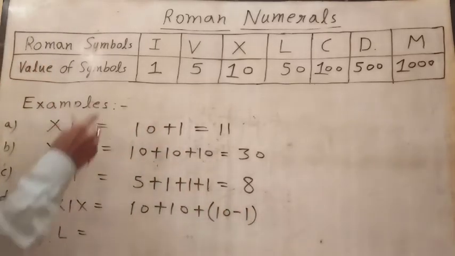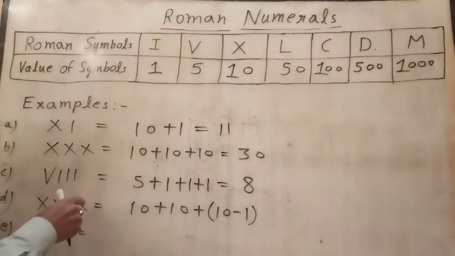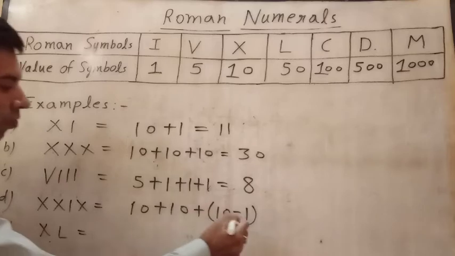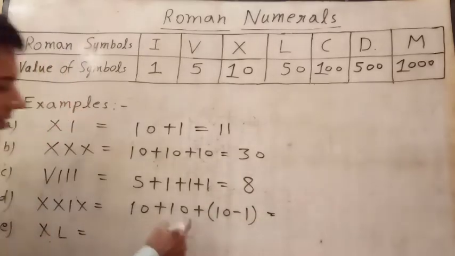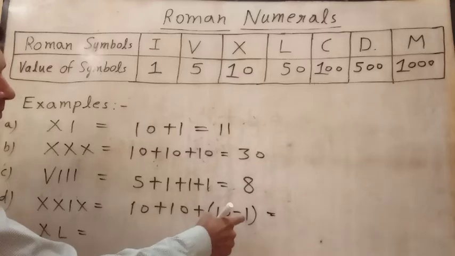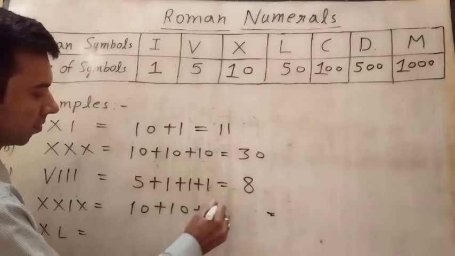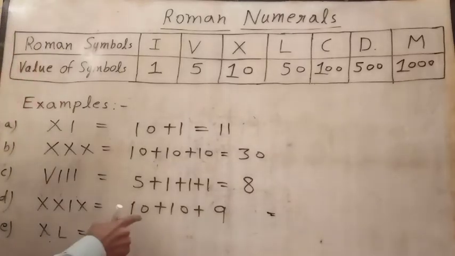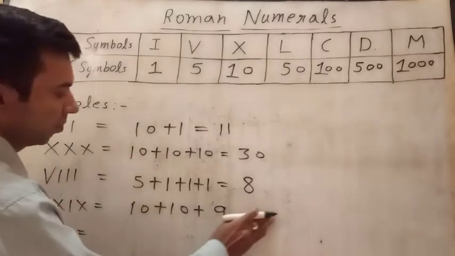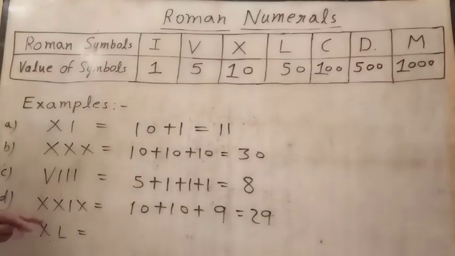Value of I is 1, and I is written left side of the X. So we subtract. 10 minus 1, 9. So 10 plus 10, 20. 20 plus 9, 29. So the value of XIX is what? 29.